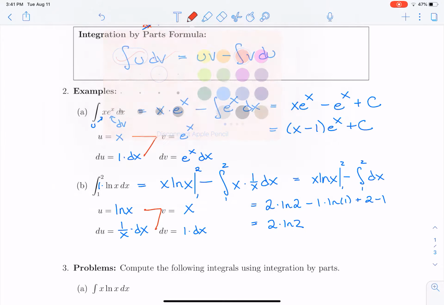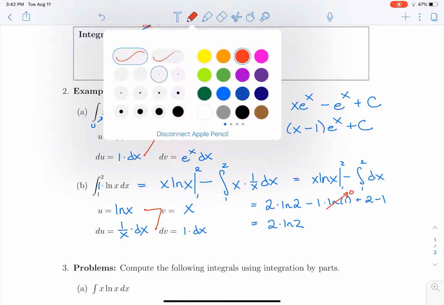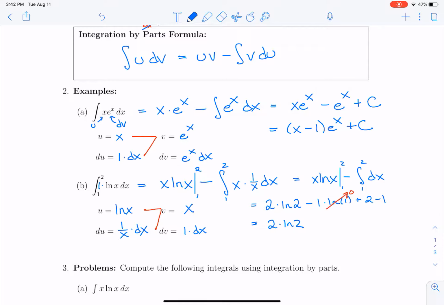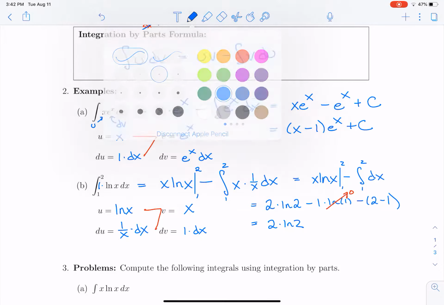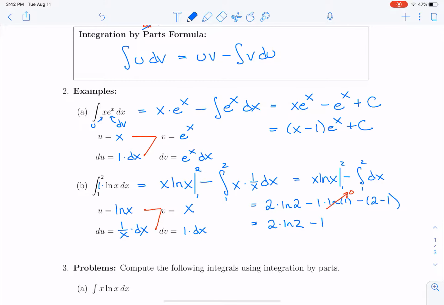Let's remember that the natural log of 1 is 0. So then I'm going to get minus 2 minus 1. That's better because I was subtracting that integral. And so then I'm going to get 2 natural log 2 minus 1 there.